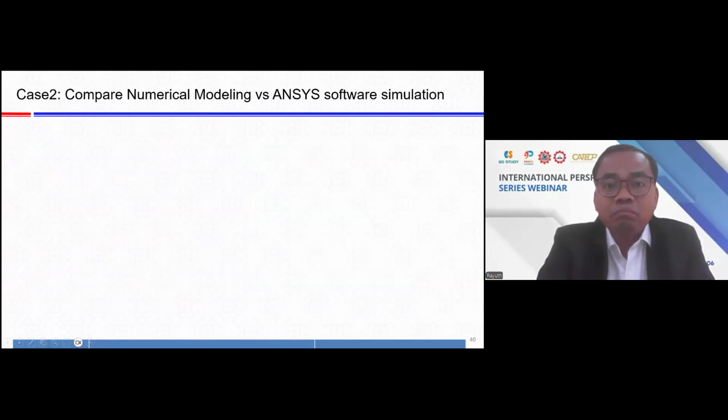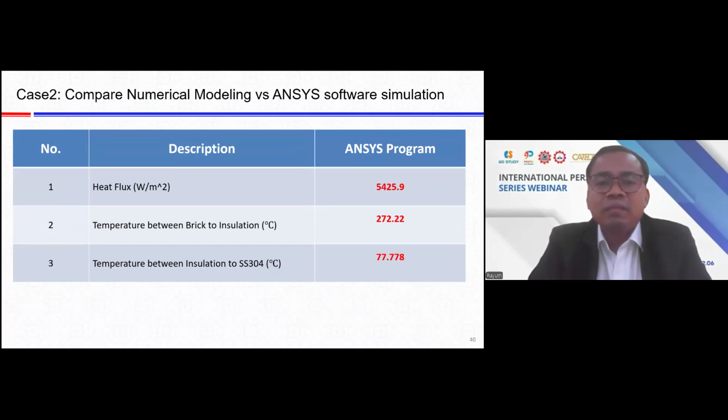I summarize the data, the values from the simulation. First one is the heat flux. Second, the temperature between fabrics and insulation, I mean the glass wool. Third is the temperature between insulation and the stainless steel surface. The values you can check on the slide.